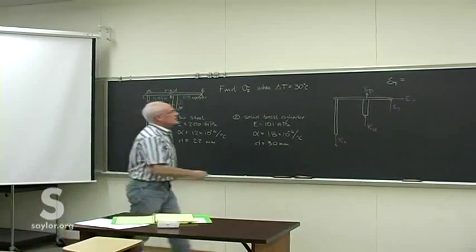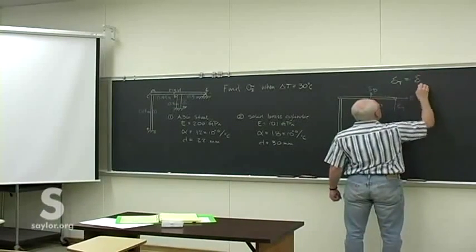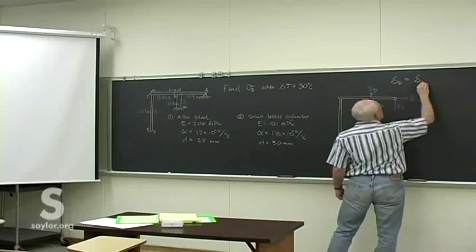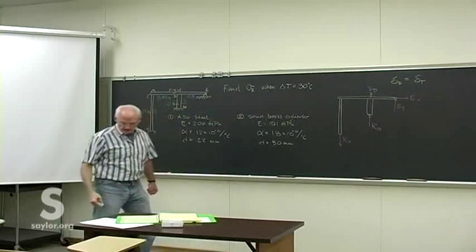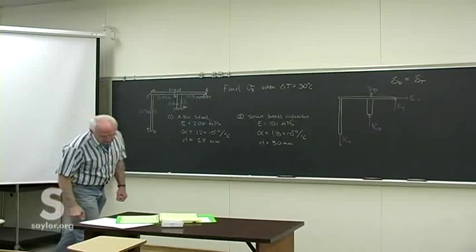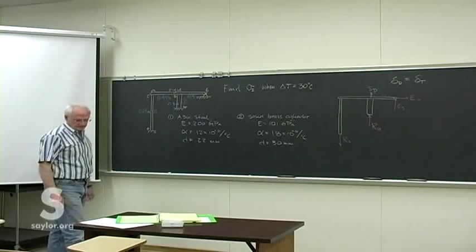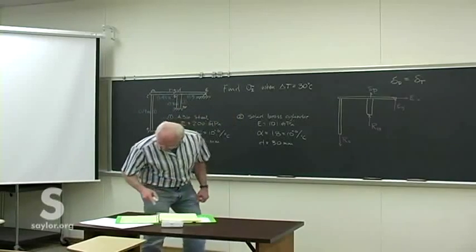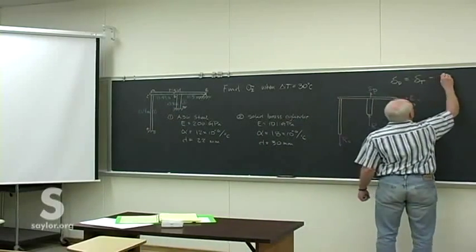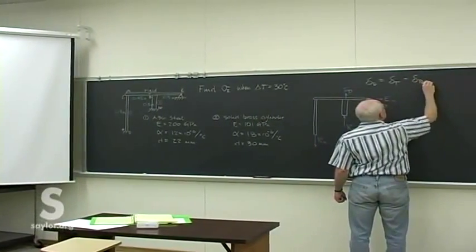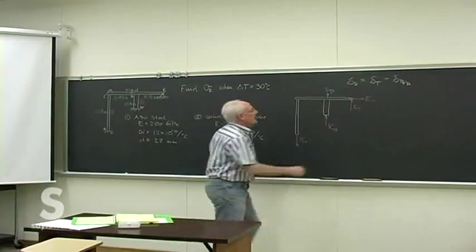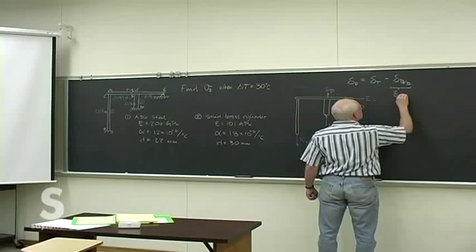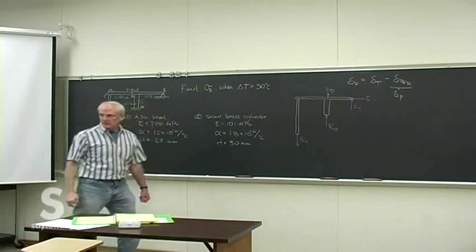It's going to be partly, sorry, this is still supposed to be a D, partly due to the thermal expansion in the brass cylinder, minus the relative movement of B to D, which is the mechanical part, what we've called del P before.